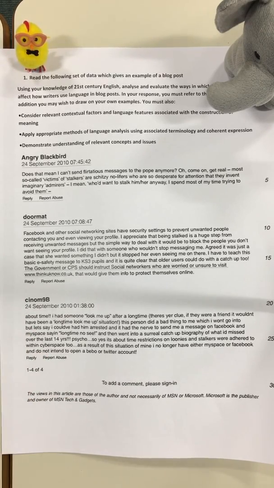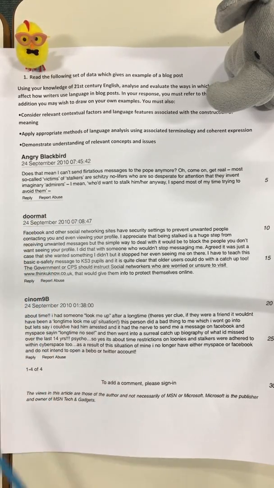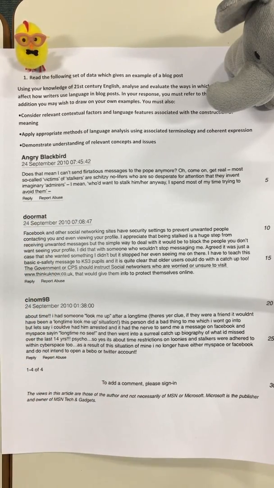The other things you might talk about: you've certainly got a whole field of online terminology here, references to e-safety, stalking, profiling, blocking, replying, reporting, abuse, all of those things which are everyday nouns and verbs that we would use when we're talking about online discourse. So there's lots of things you could talk about.